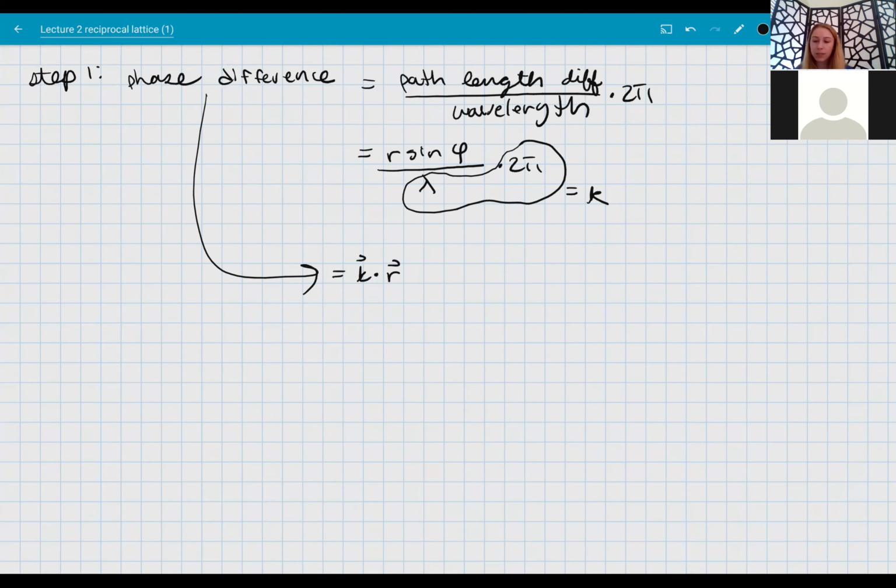This is just connecting the path length difference to a difference in phase of the wave. So this is our phase difference, and then step 2 is the phase difference of the diffracted wave.